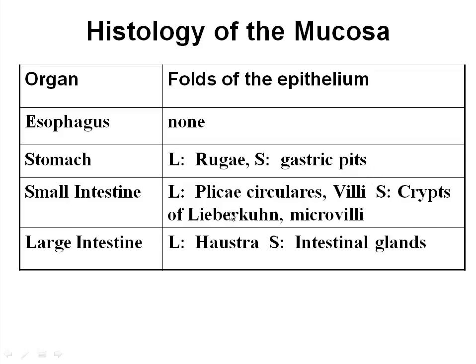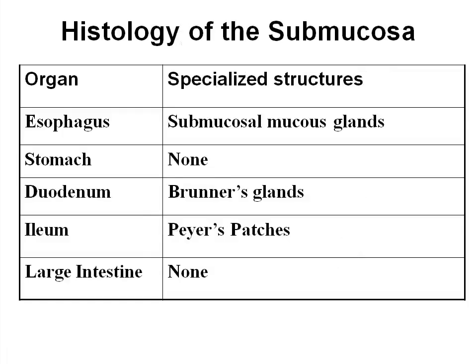In the small intestine, these large foldings are called plicae circulares or villi, and further foldings form crypts of Lieberkühn, and again over the epithelial cell you will find microvilli. So folding is highly increased in the small intestine, whereas in the large intestine there is a large fold or haustra, and a minimum small fold of intestinal glands which produce mucus.